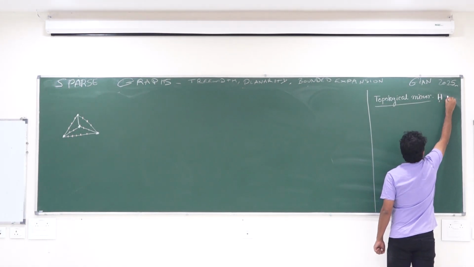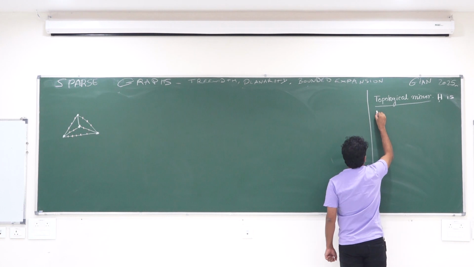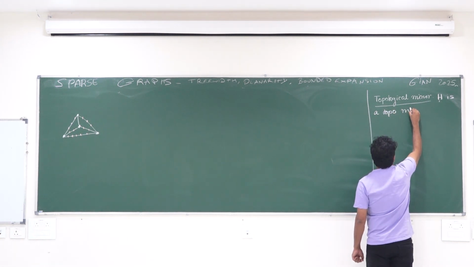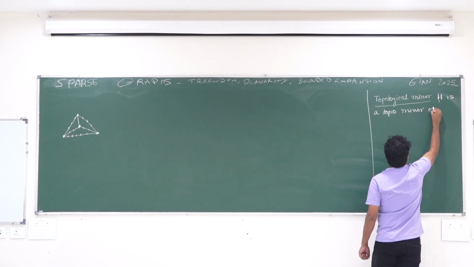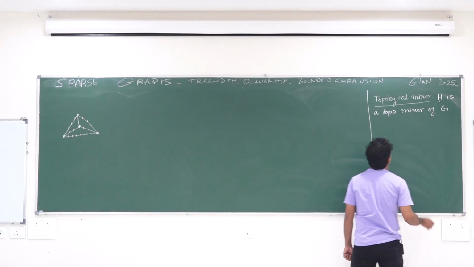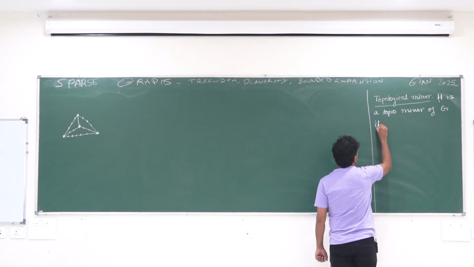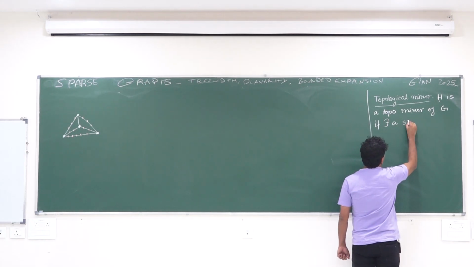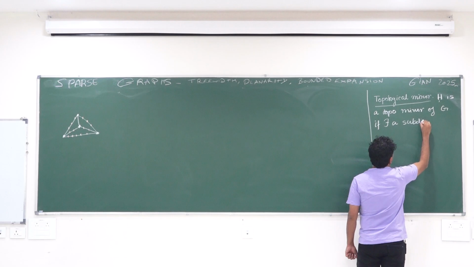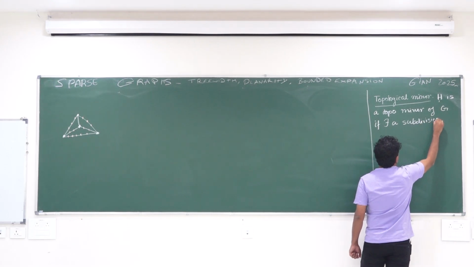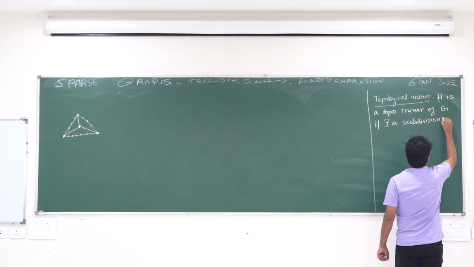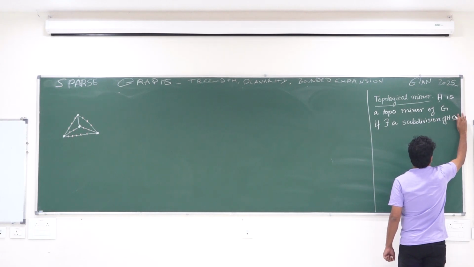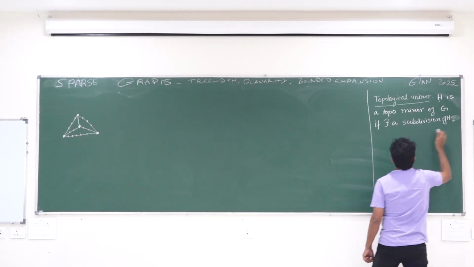H is a topological minor of G if there exists a subdivision of H as a subgraph of G, or H in G.